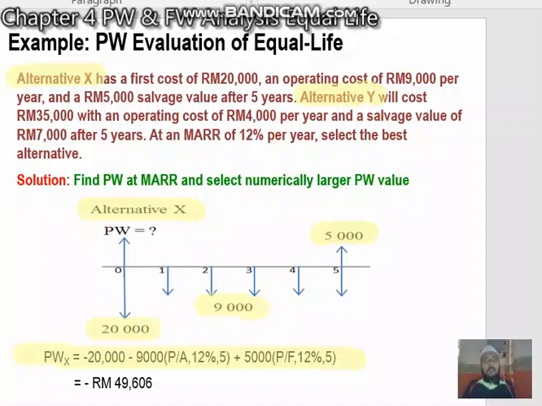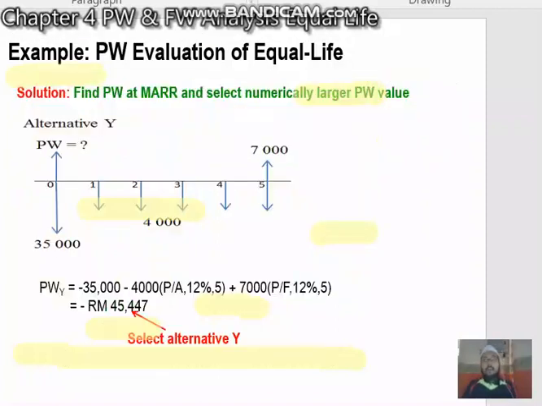We do the same for alternative Y. So we have 35,000 for Y, 4,000 operating cost per year, and the salvage value 7,000. Make sure the cash flow developed is according to the data given. It's already verified.